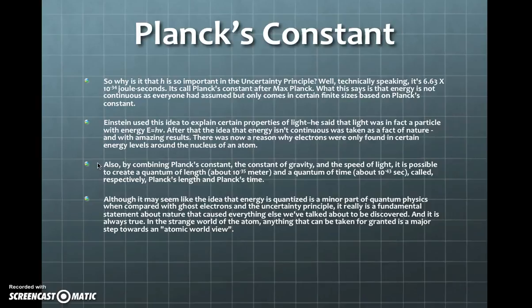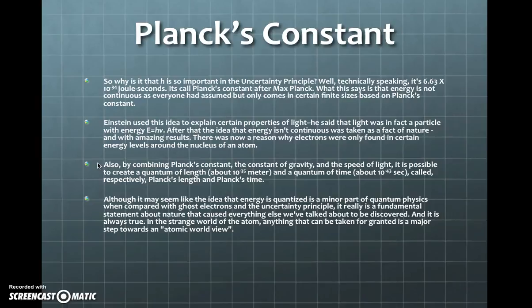So after that, the idea that energy isn't continuous was taken as a fact of nature. There was now a reason why electrons were only found in certain energy levels around the nucleus of an atom. So depending on how much energy it contains, determines how far it can stray from its nucleus, which leads, of course, to a much different model of the atom than you're used to.